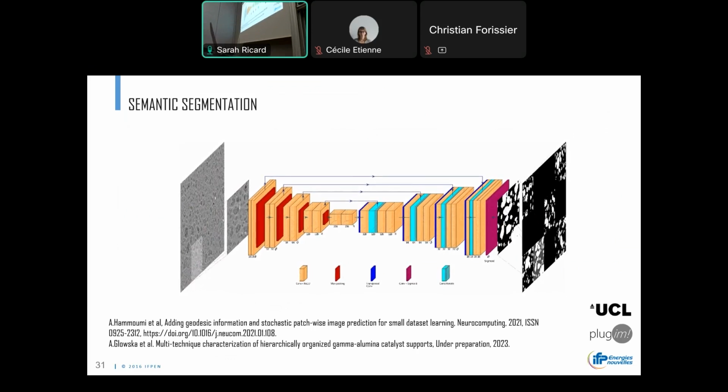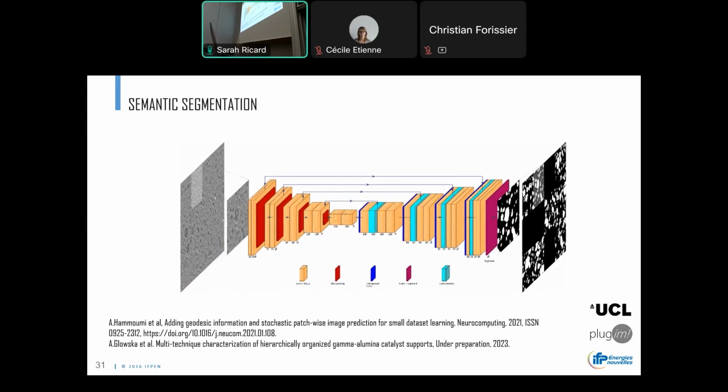It's a catalyst support. It is used for plastic refining or for the petroleum industry in general. It's a well-known material support. It's an alumina support, exactly. And in this support, there is some variation of the porosity, of the density of porosity.